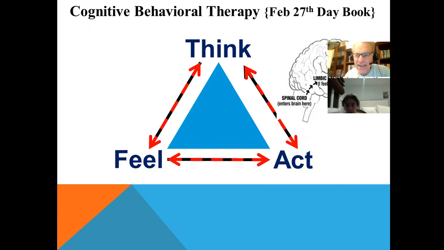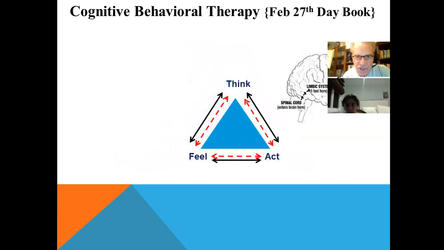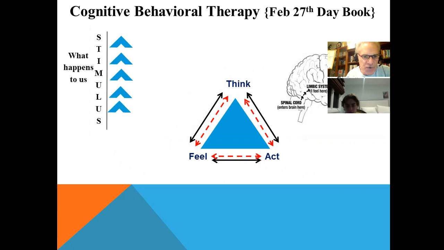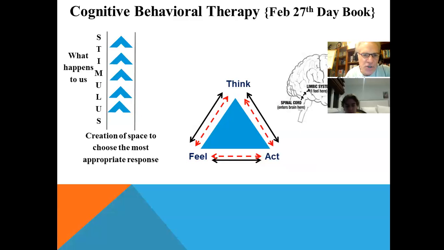But we can train this to include more of that rational mind, because here's what we want to do. Something happens to you. That's the stimulus. What we want to do is create a space, so that you don't overreact to something, but you choose the most appropriate response. That's healthy. This is maturity.